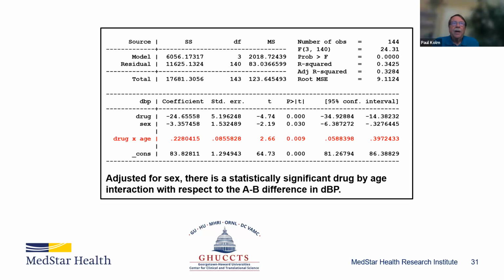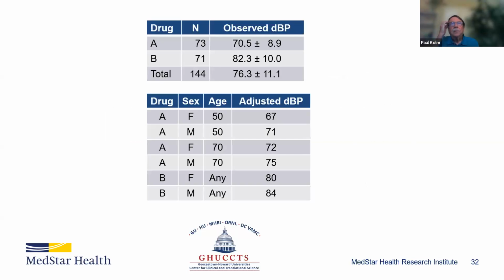We also have a significant main effect for sex and for drug, but because the interaction is statistically significant, we have to interpret that interaction. One way we can do this is to compare the observed blood pressures for the two groups and look at the adjusted blood pressures for the combination of drugs and sex and age.